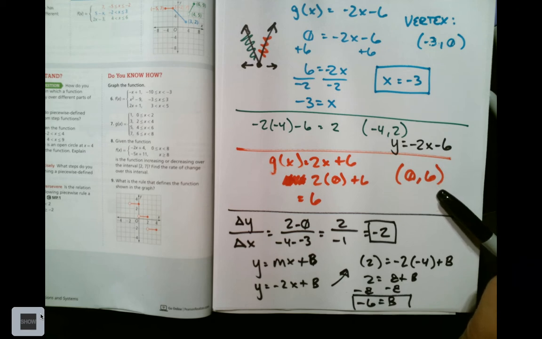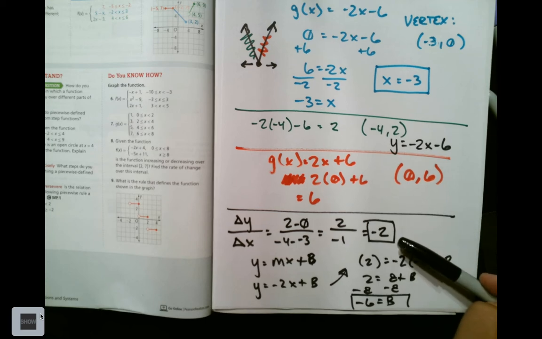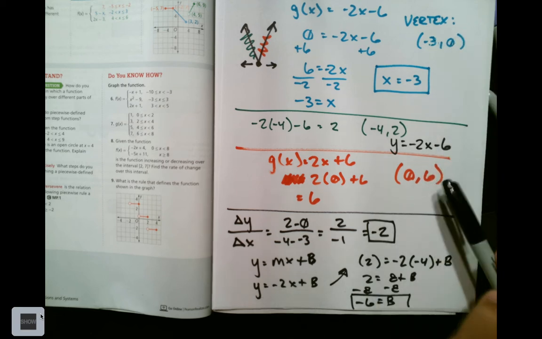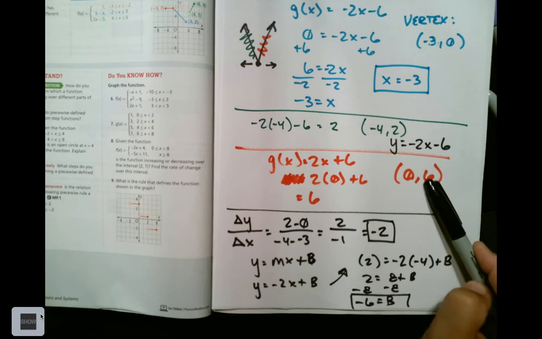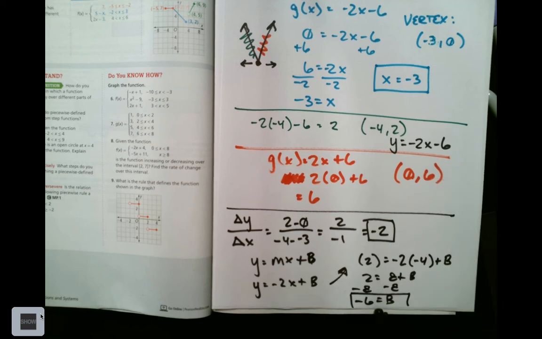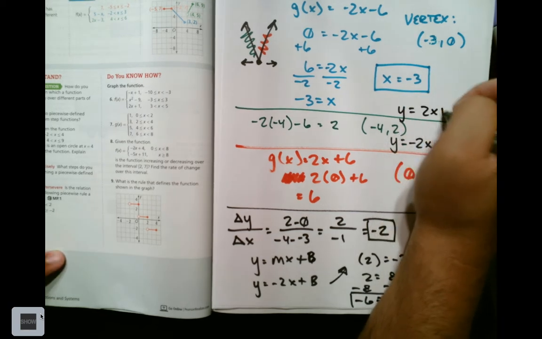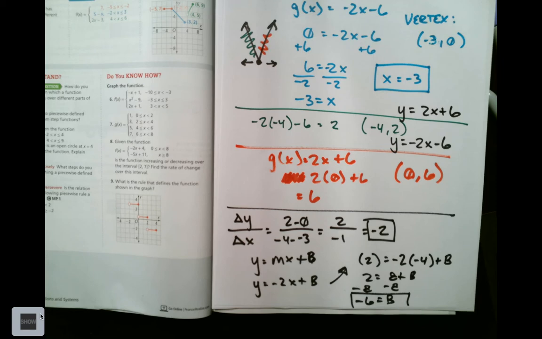So what I would do is find my slope for those 2 points. Once I found my slope, I would plug it into y equals mx plus b. Plug in your slope, plug in either one of these points. It really doesn't matter. I'd just go ahead and use the orange one, 0 and 6, and then calculate that y-intercept, and then you're good to go. Once I do that, the other equation is going to be y equals 2x plus 6.